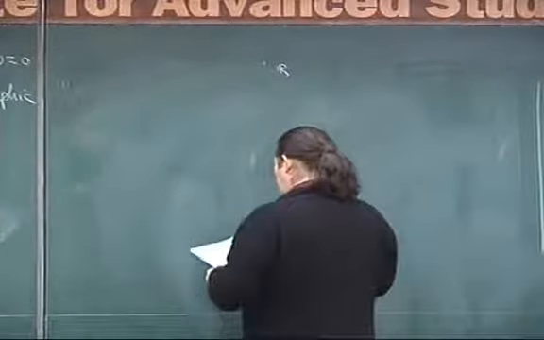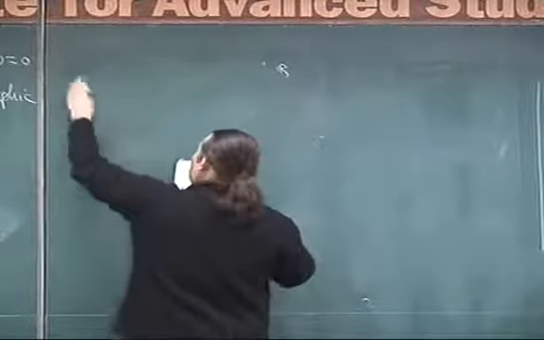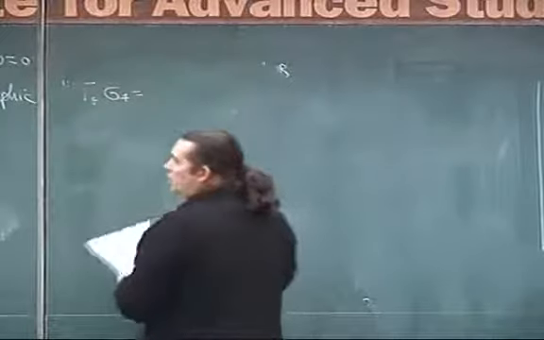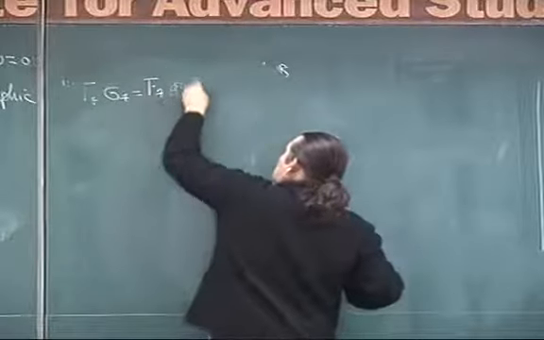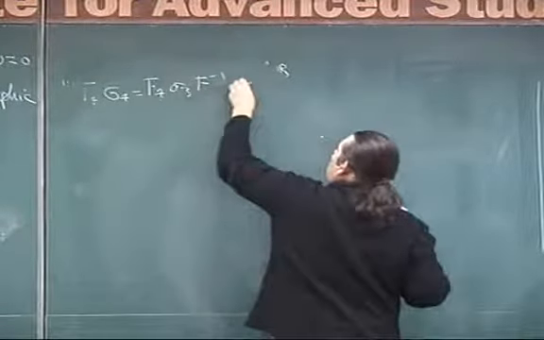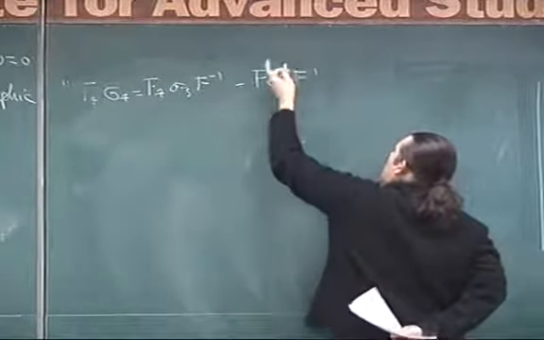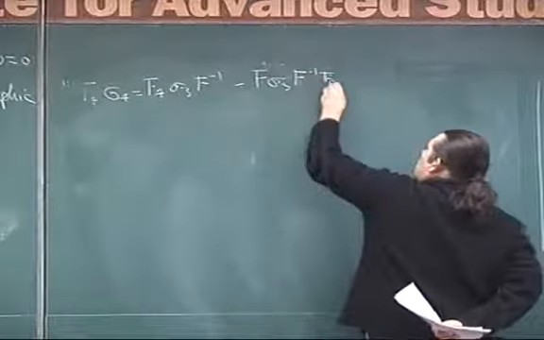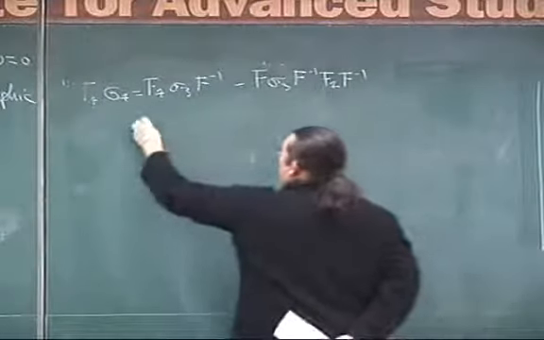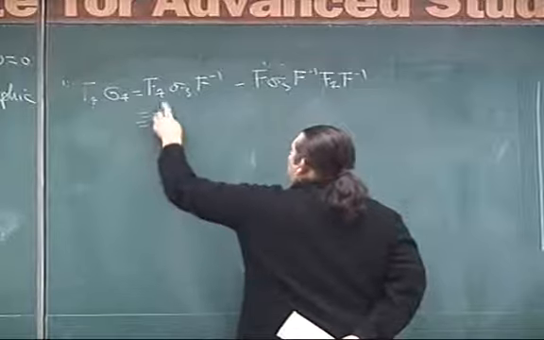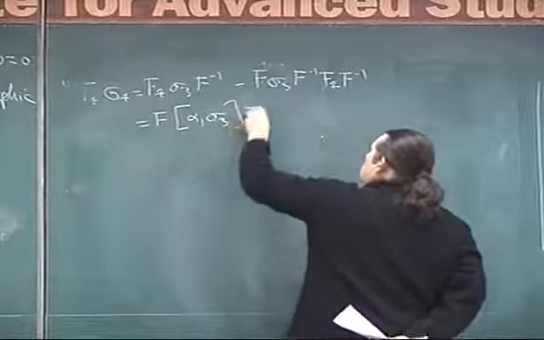Okay, and then we can compute that fz gz in fact is fz f minus 1 minus f minus 1 f z f minus 1, yes, and it is f the bracket of alpha f minus 1.